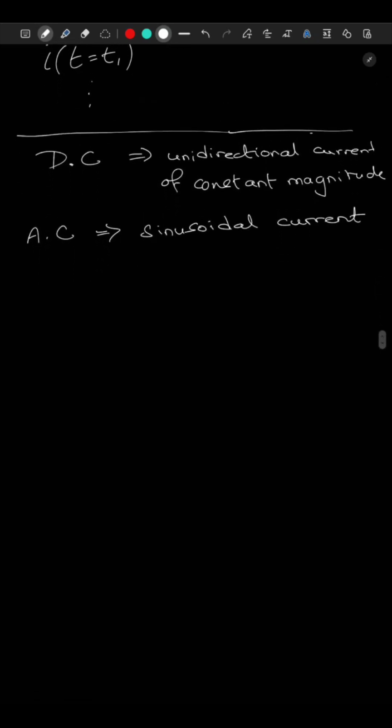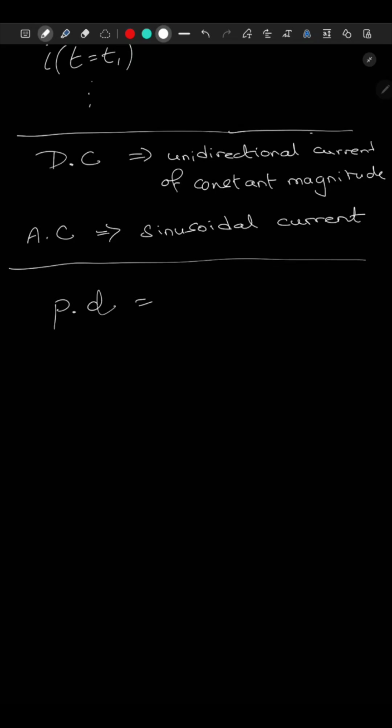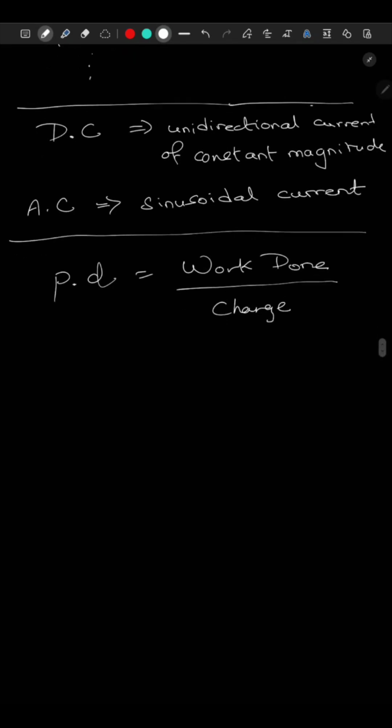Okay, so now you have to know about potential difference. The potential difference is the work required to move a positive charge of 1 coulomb through the element.